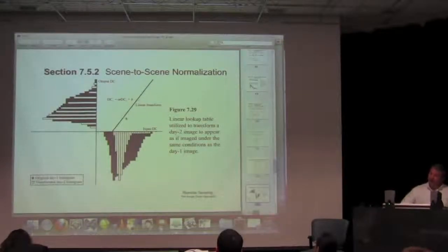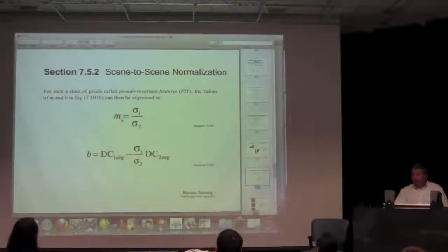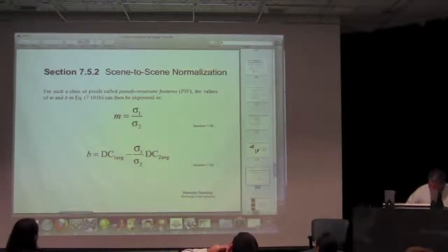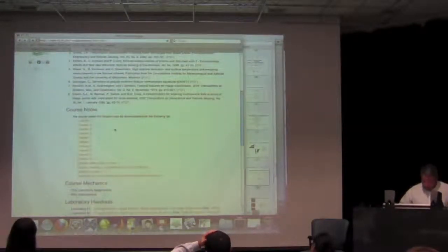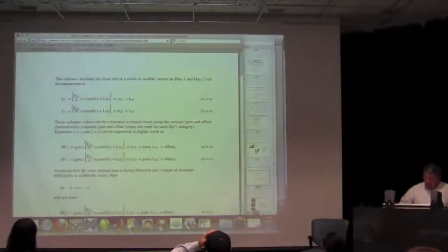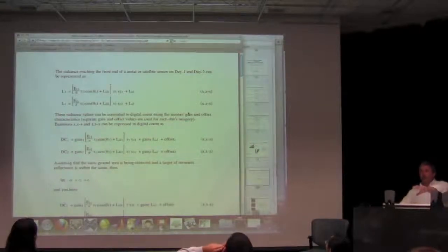We said, hey, how did we come up with this line? All right, well, what do you need? Well, you need the slope of that line, and you need the intercept of that line. It turns out, I think, down on the website, I think I put this out here for you. And here it is. There's a little derivation here that derives these two equations which are just shown.